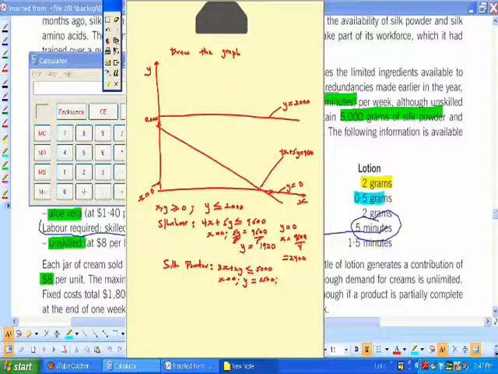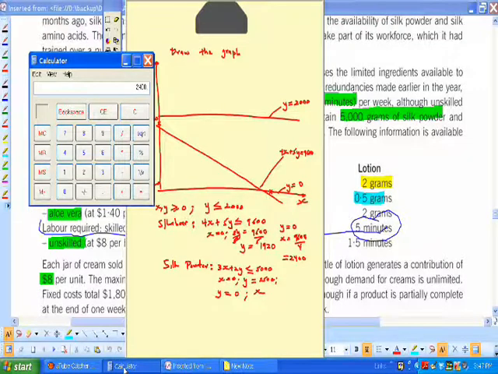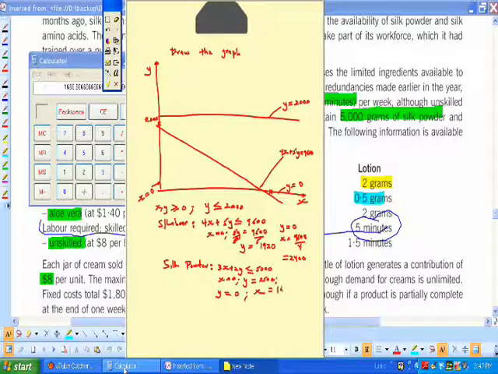And when y is equal to 0, x will be 5000 divided by 3, which is 1667.